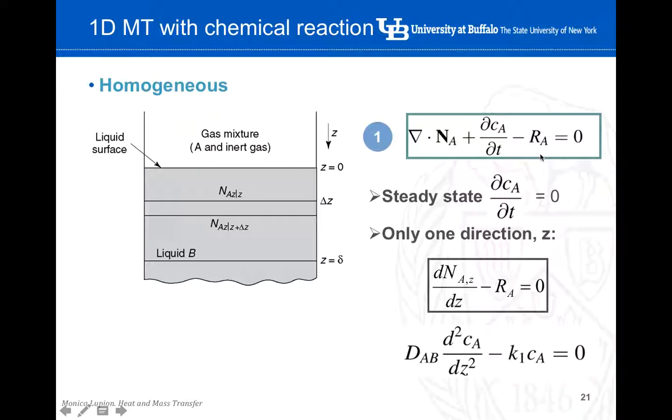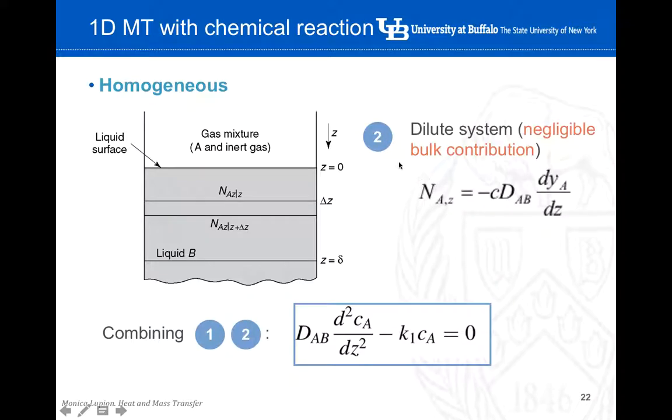If we do the same analysis as in previous cases, that is, we consider a steady state and one dimension, equation 1 is simplified. And if we also consider that the system is dilute, as I explained in the previous presentation, we can consider that the bulk contribution in the Fick rate equation is very small, and therefore the Fick rate equation only has the contribution of the diffusivity.